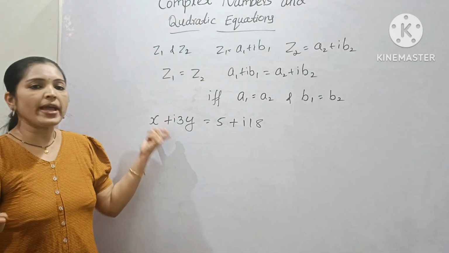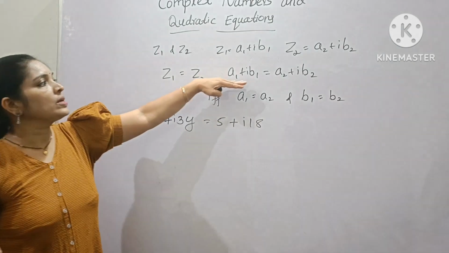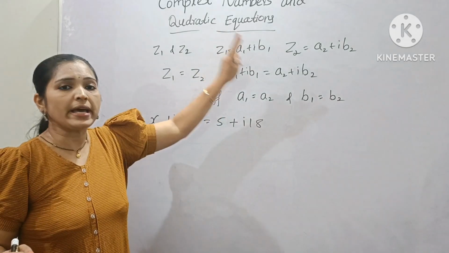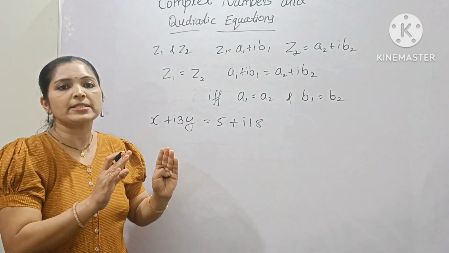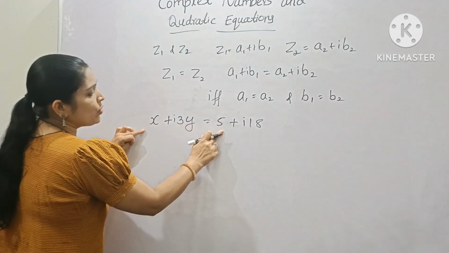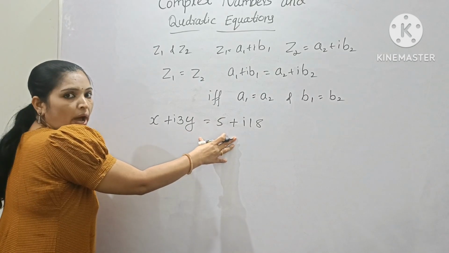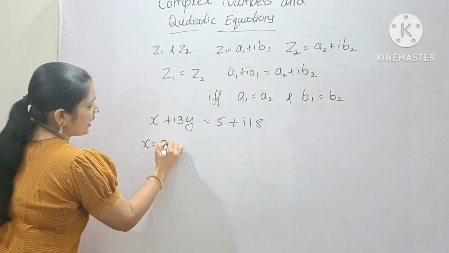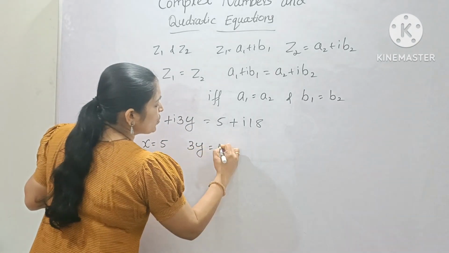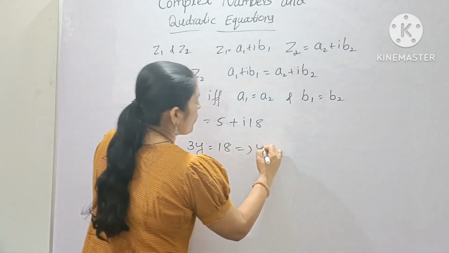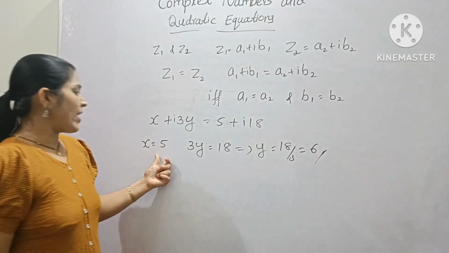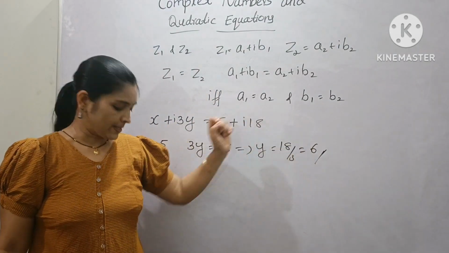We have studied that if two complex numbers are equal, if and only if their real parts are equal and imaginary parts are equal. So x is equal to 5, and 3y is equal to 18, that implies y is equal to 18 divided by 3, that is 6. So x value is 5, y value is 6.